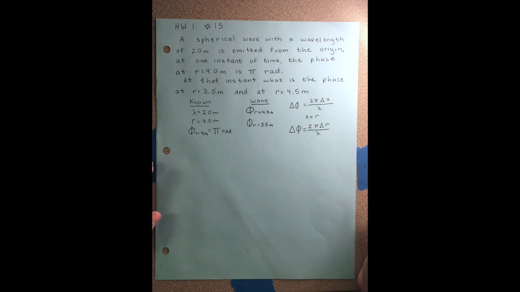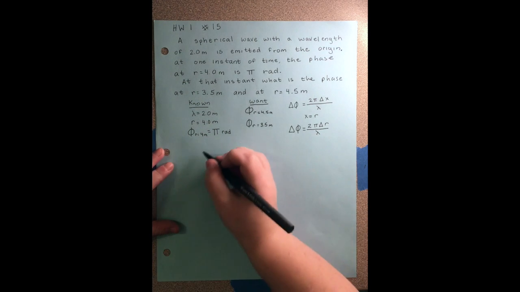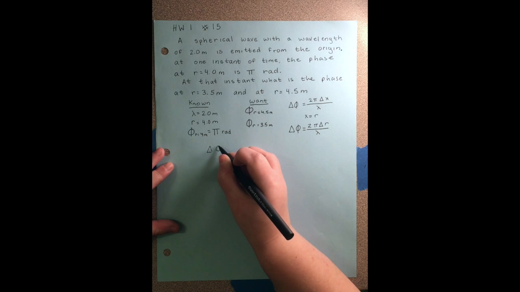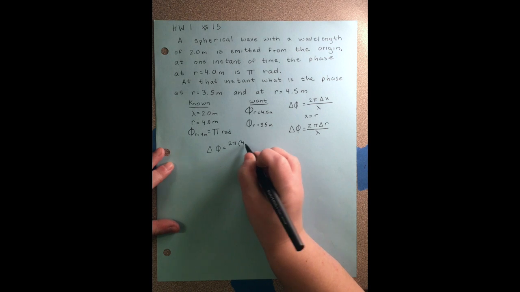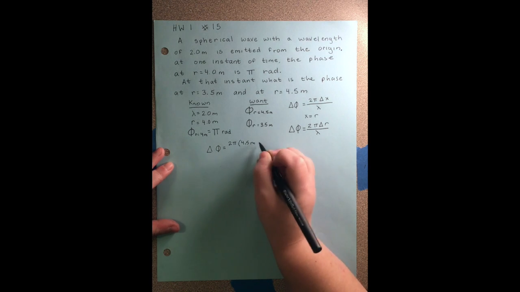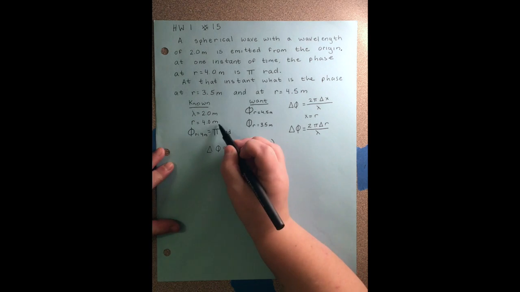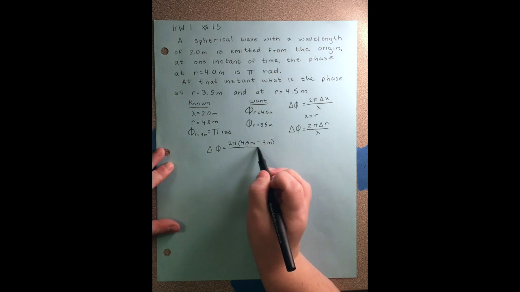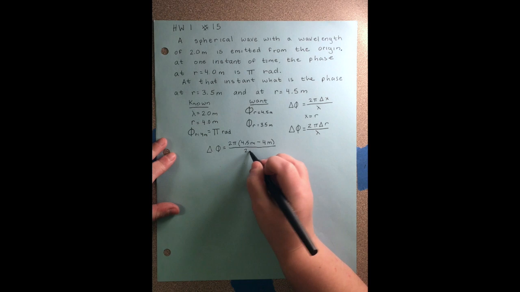I'm going to start with the phase at 4.5. So to write that out, I'm going to say phase change is equal to 2 pi times 4.5 meters, which is what we want, minus 4 meters, which is what we have, divided by the wavelength, which was given as 2 meters.